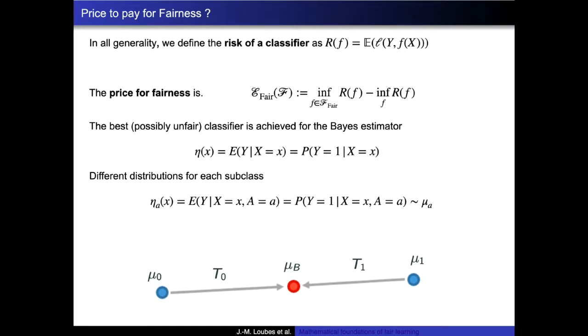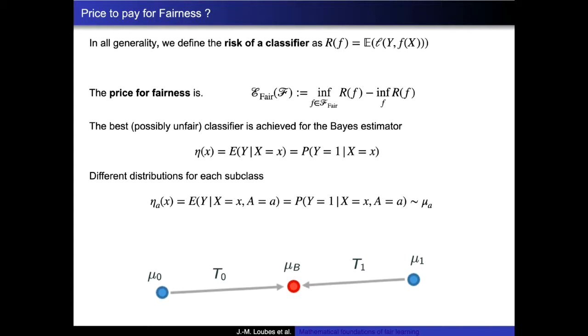to achieve this fairness. So the price for fairness should be the accuracy of the model, that means the risk: the minimal risk over all fair models, minus the minimal risk I could achieve over all models.